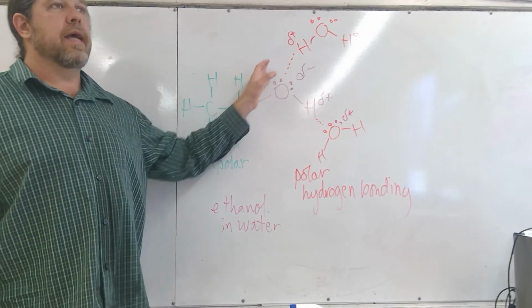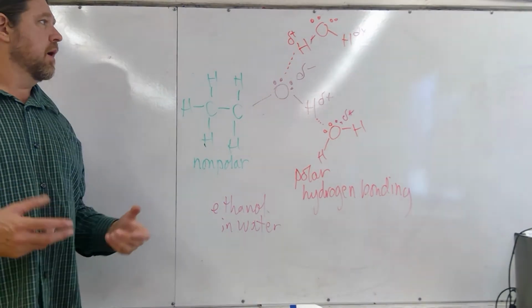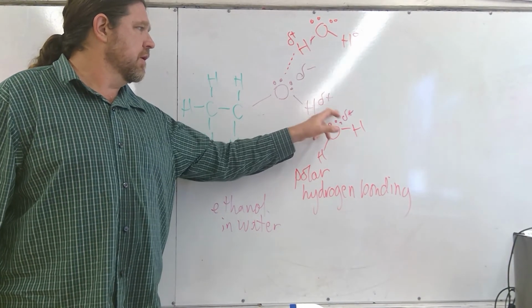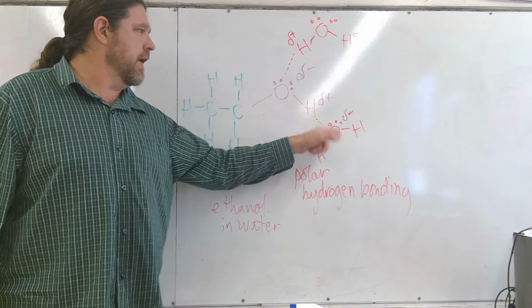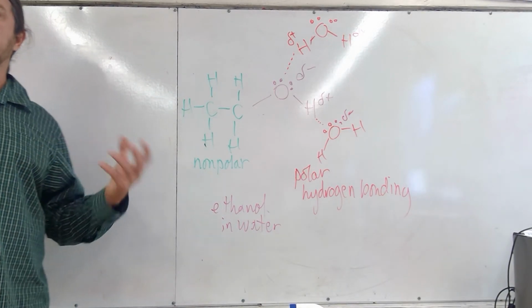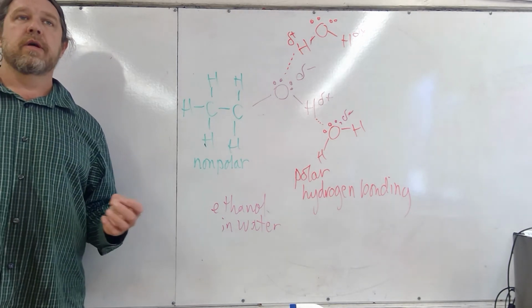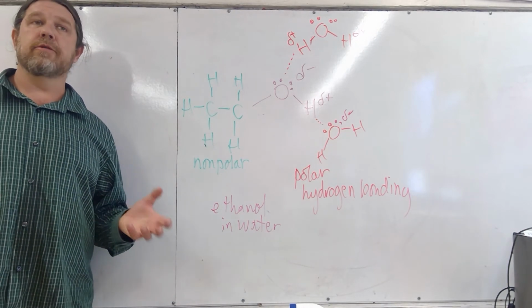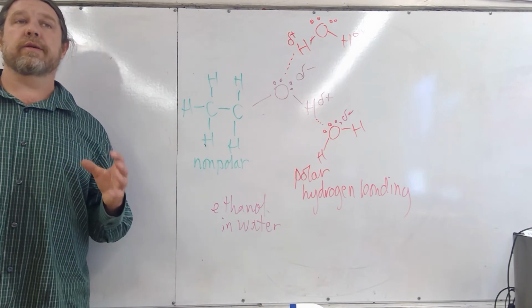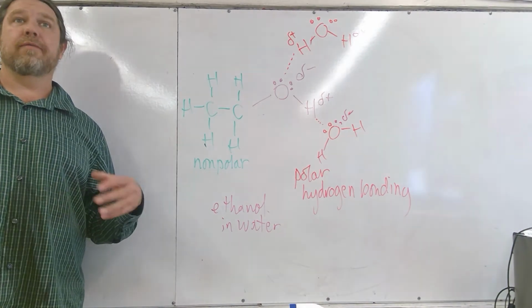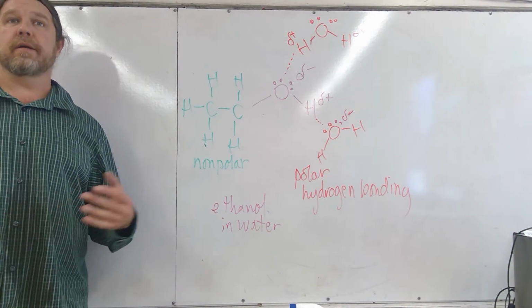So this is a type of dipole here, and then over here the hydrogen end is going to interact well with the negative end of the water. And so we see dipoles of the type where we have hydrogen interacting with strongly electronegative atoms like oxygen, and we often call those hydrogen bonding.